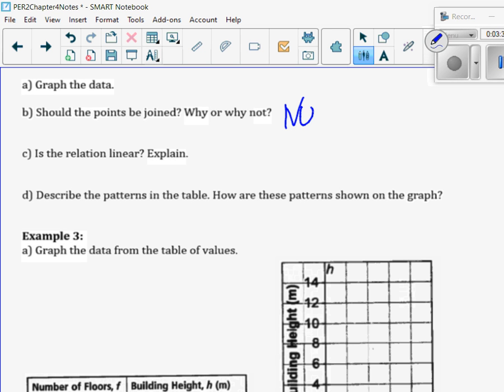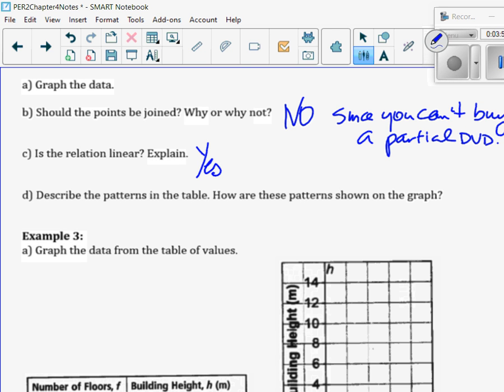No. Since you can't buy a part or partial DVD. Is the relation linear? Yes. It forms a line. We don't draw the line because we don't connect it, but we could.